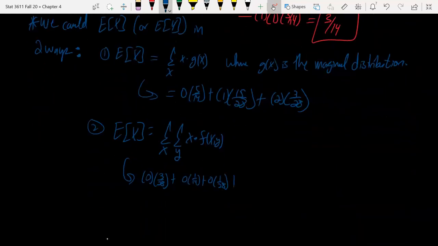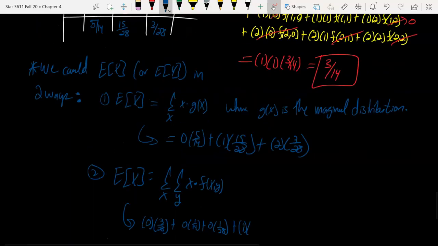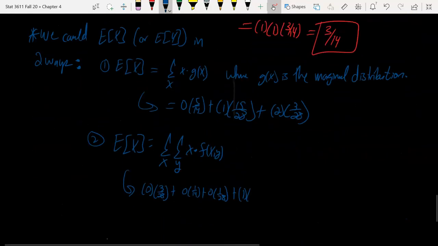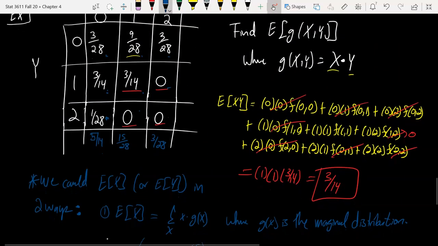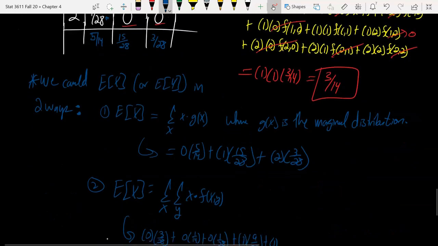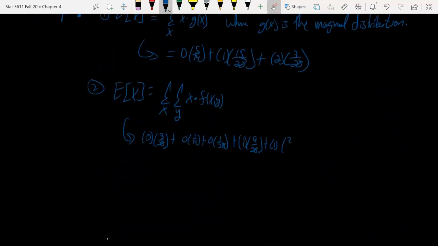And then I keep going. Plus 1 times, when x is 1, that's 9/28. Plus, when x is 1 times, now I'm at the 1, 1 case, 3/14. And so on and so forth.